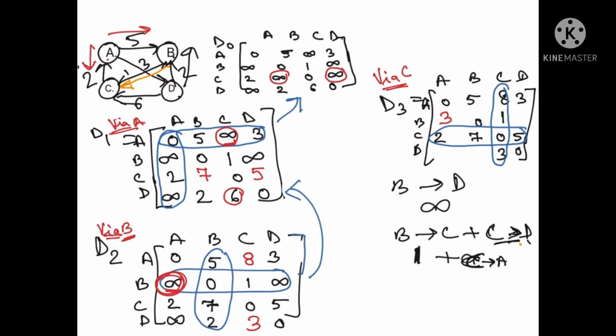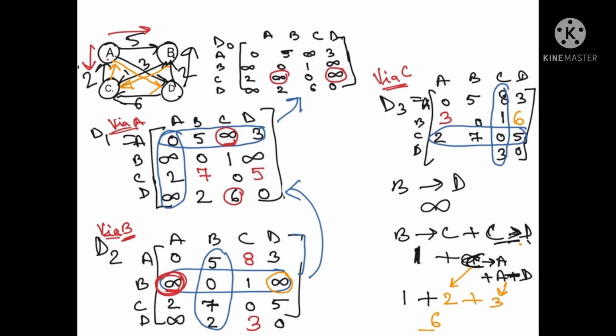C to A plus A to D. So see, B to C is 1 plus C to A, that is 1, C to A is 1. And then A to D, this one is 3. So this becomes 6. And this time, this value changes, which becomes 6.